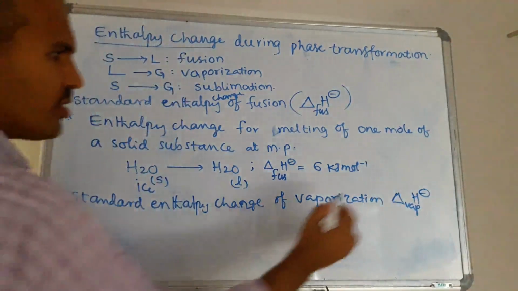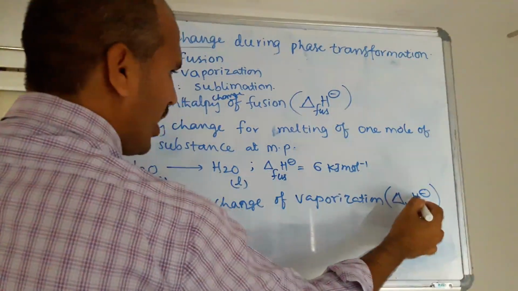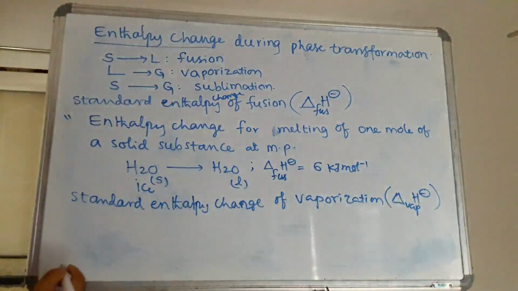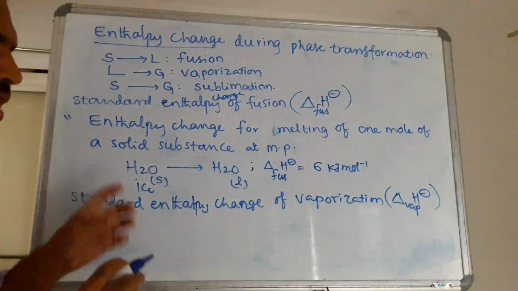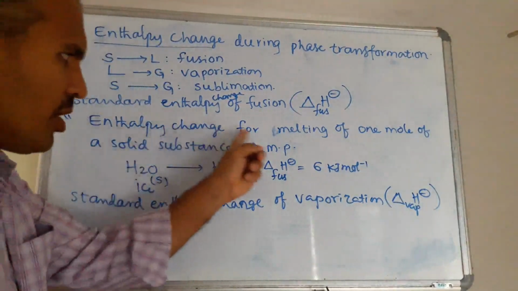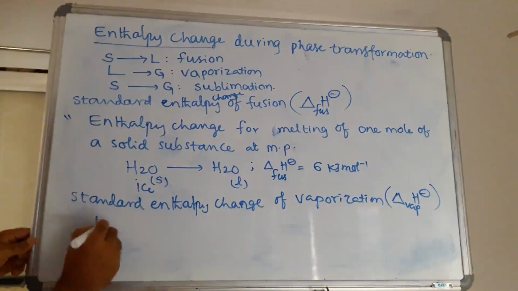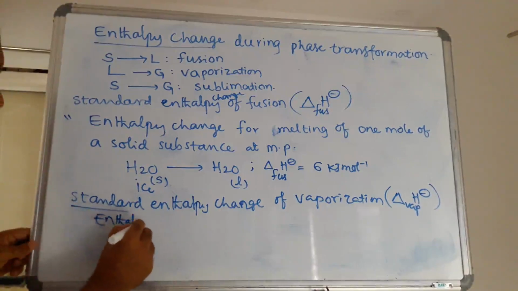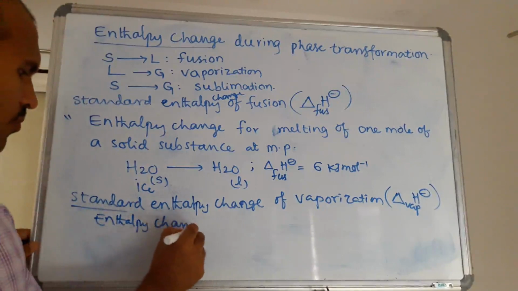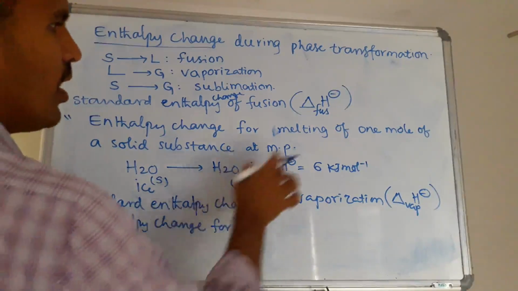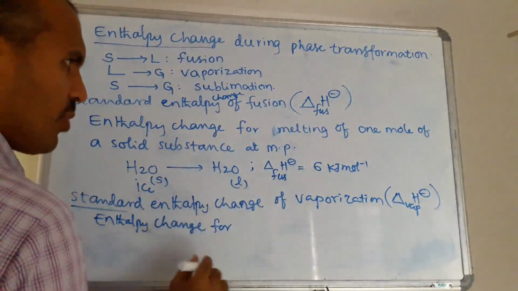This is known as standard enthalpy change of vaporization. Now what is the definition? We can easily write: enthalpy change for, this part will be the same, it is a heading; enthalpy change for, here instead of melting it is vaporization.